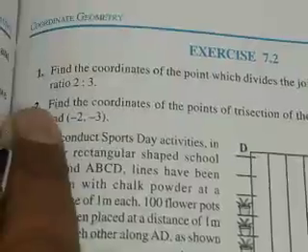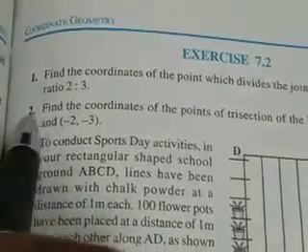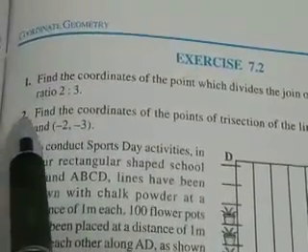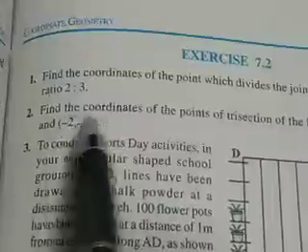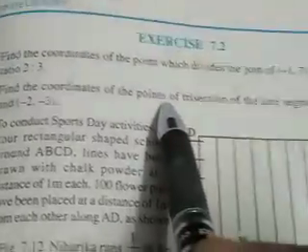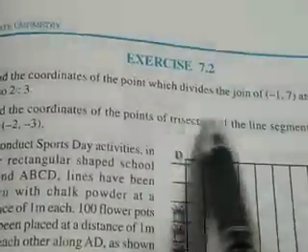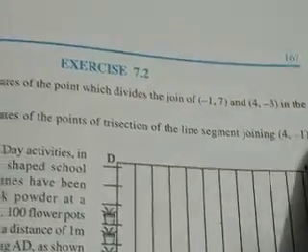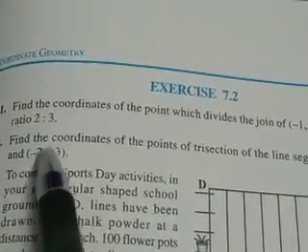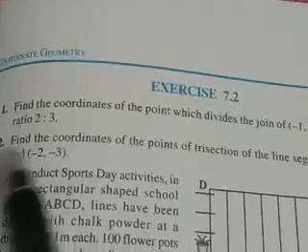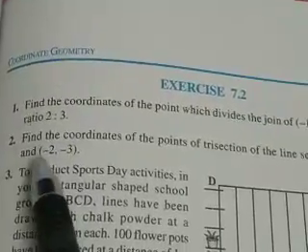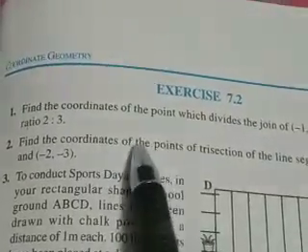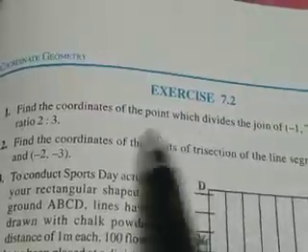Now question number 2. Find the coordinates of the points of trisection of the line segment joining (4, -1) and (-2, -3). Here we find the coordinates of the points of trisection.